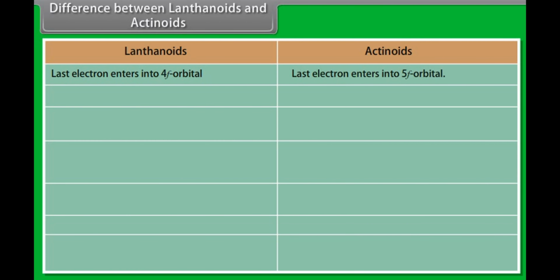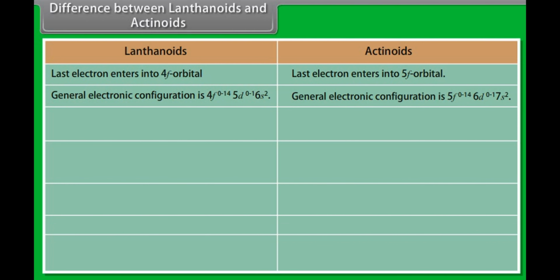Difference between lanthanoids and actinoids. In lanthanoids, the last electron enters the 4f orbital, whereas in actinoids, the last electron enters the 5f orbital. In lanthanoids, the general electronic configuration is 4f0-14 5d0-1 6s2, whereas in actinoids, the general electronic configuration is 5f0-14 6d0-1 7s2.